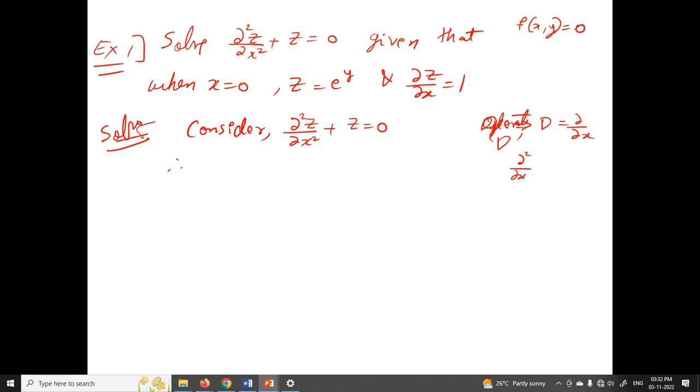Here ∂²/∂x² is there, means what will this be equal to? Yes, Vishwajit, can you tell me what ∂²/∂x² is equal to? Students, please reply. Mainuddin, can you tell me?